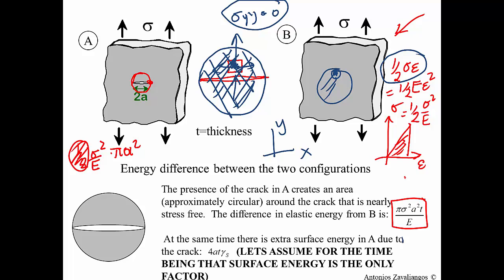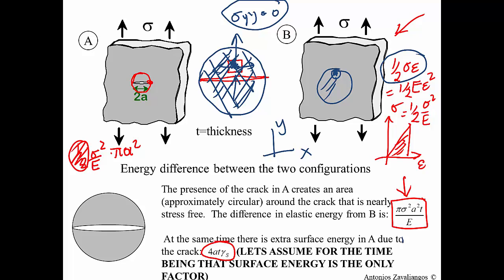And so this is the energy that is actually provided from the elastically loaded material, and that energy is actually used to create the extra surface energy because of the presence of the crack. And the estimate of that is actually this number right here.